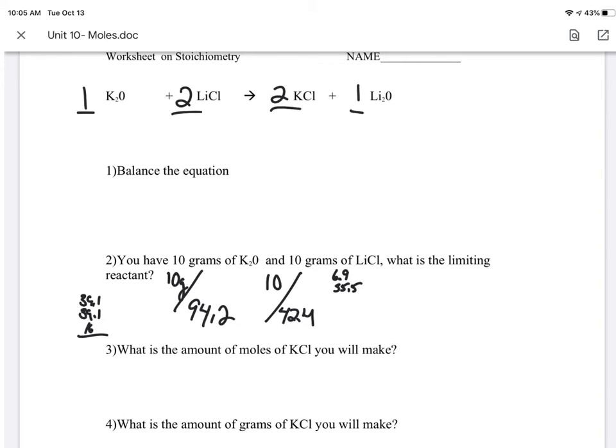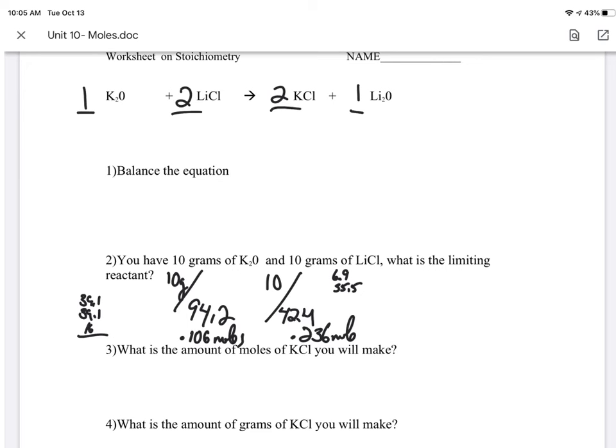Okay, so when I divide, 10 divided by 94.2 is 0.106 moles. And when I take 10 out of 42.4, I get 0.236 moles.